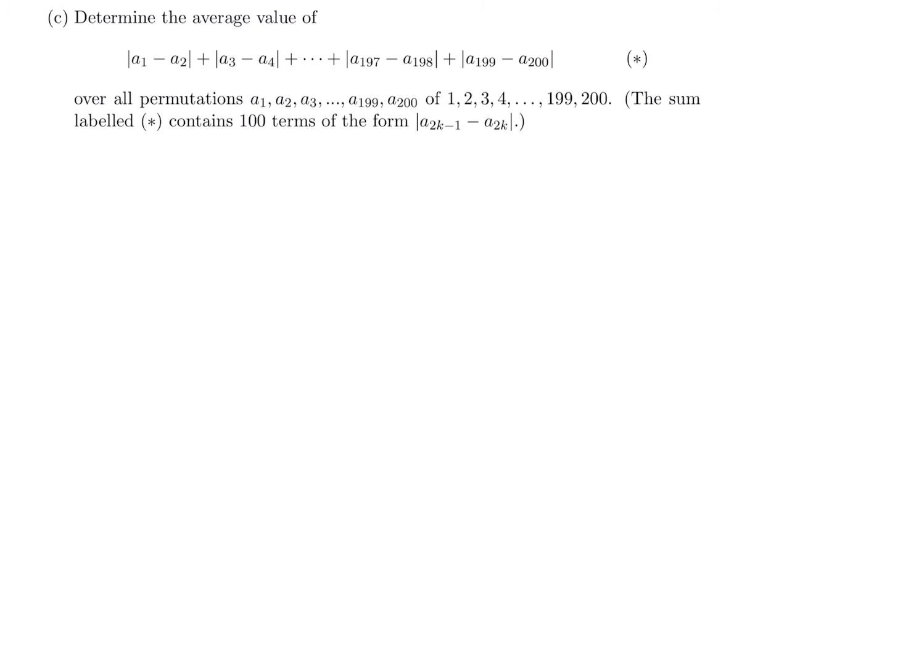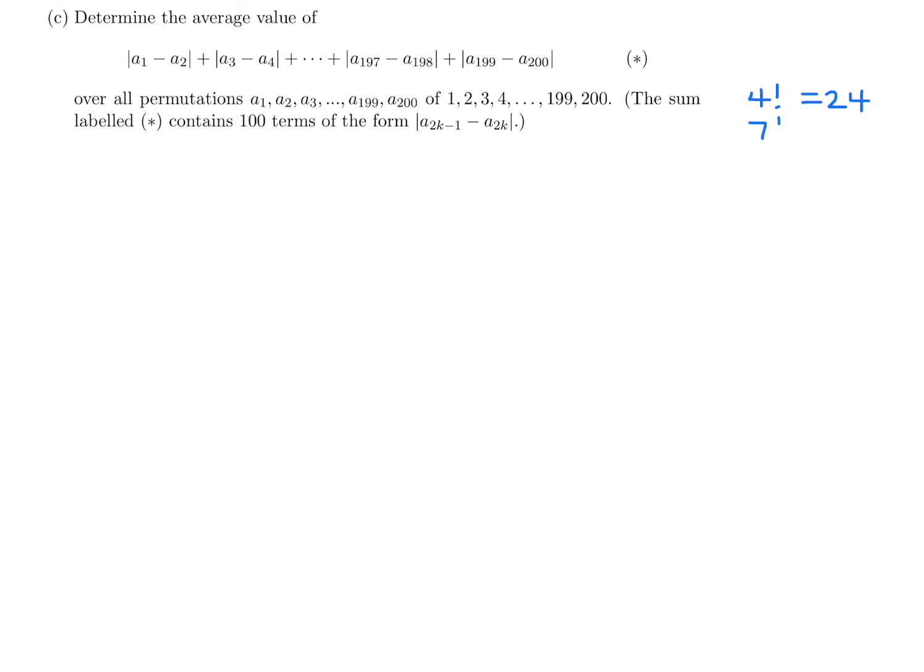Determine the average value of absolute value of A1 minus A2 plus absolute value of A3 minus A4 plus, all the way to absolute value of A199 minus A200, over all permutations of 1 to 200. Well, as before, in the very first example, if you remember, there were 4 factorial permutations, which was 24.